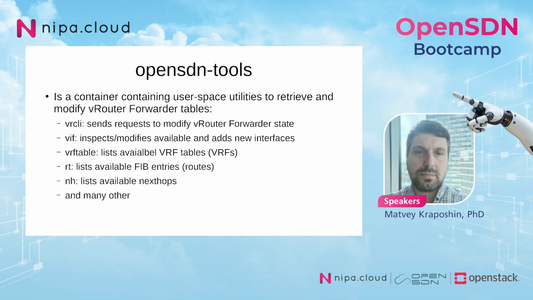Today we will use the next tools from the OpenSDN tools container. The vrcli utility is used to send requests to the vRouter forwarder. The vif utility shows us a list of interfaces. The vrfstats tool shows us contents of the VRF table.